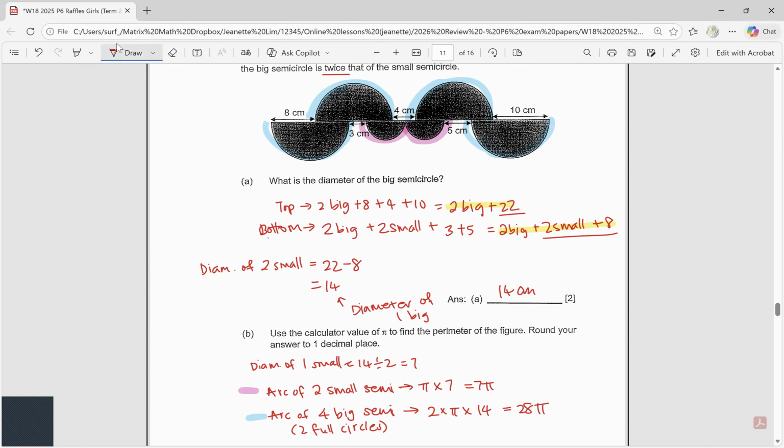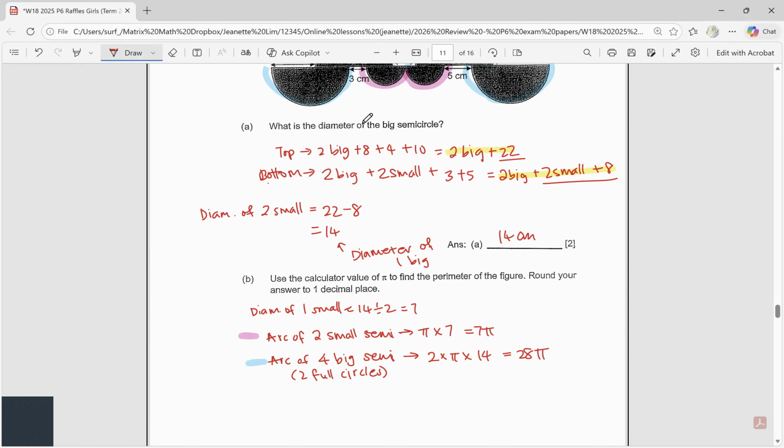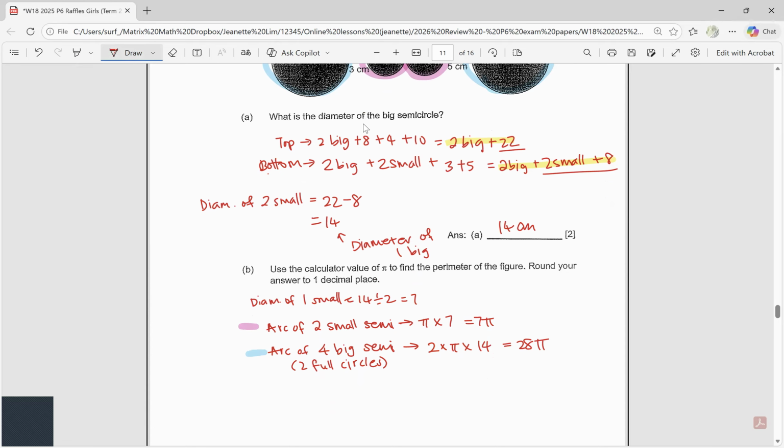Now for the total, you need to add them up. All the red, pink and blue plus 8, 3, 4, 5, 10. The straight lines are also part of the perimeter. 8, 3, 4, 5, 10.